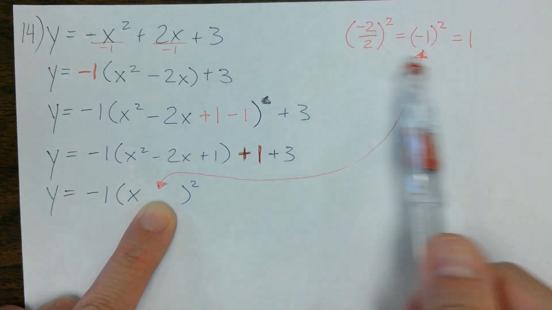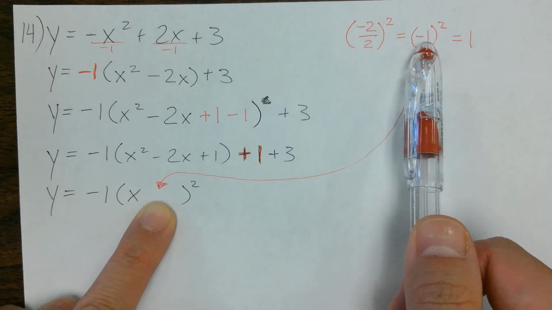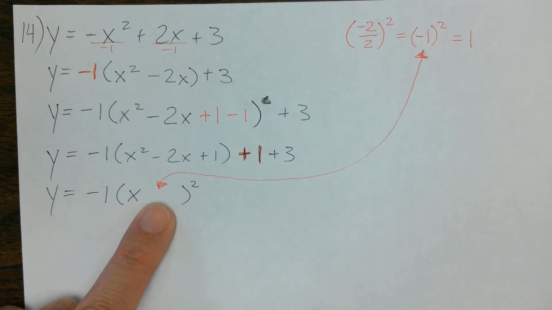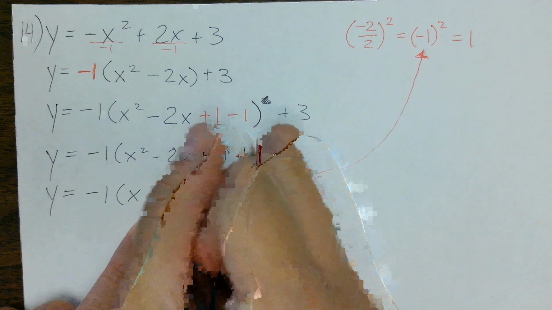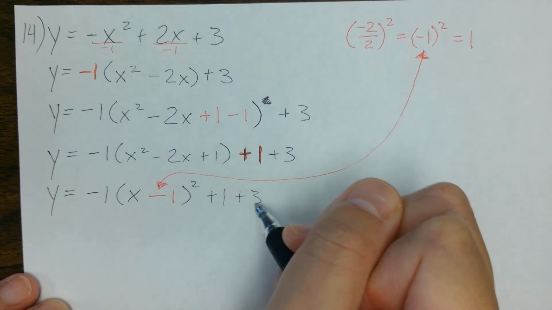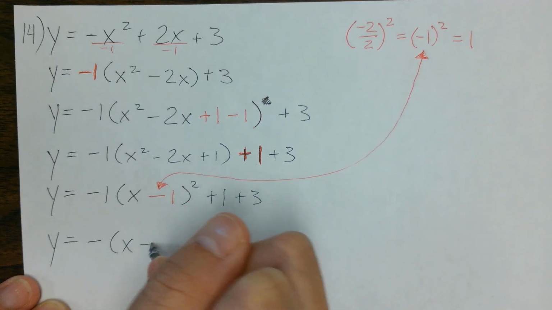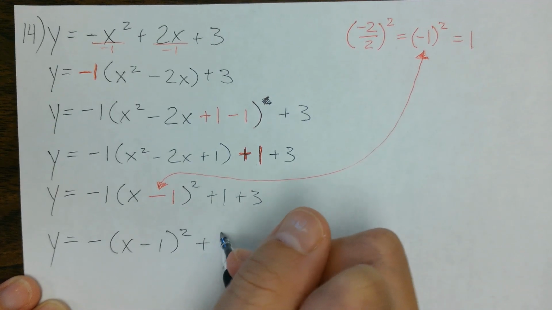Okay? That's why I say this is a very important step. When you do b divided by 2, that's what goes in here. So x minus 1 squared plus 1 plus 3. So your final answer, y equal -x minus 1 squared plus 4.